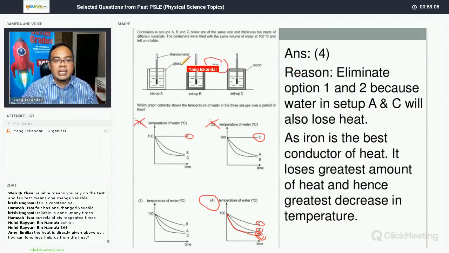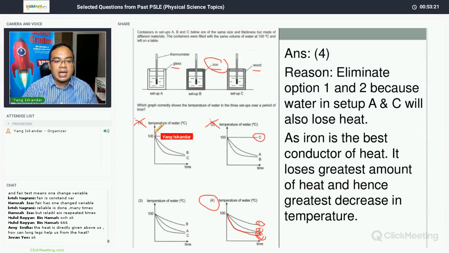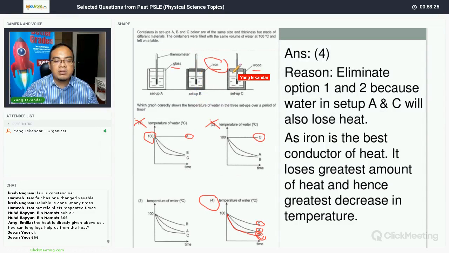In this experiment, the change variable is the material of the container, made of glass, iron and wood. Everything else remains the same. The water remains the same, the temperature of the water at the start is 100 degrees Celsius, the size of the thermometer is also the same, and the size of the container is also the same. So this is to ensure a fair test.